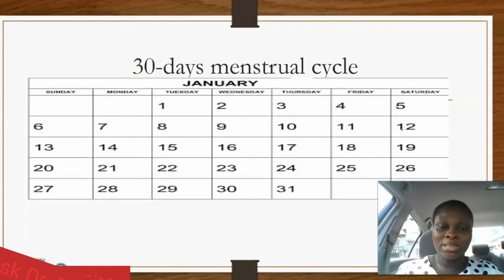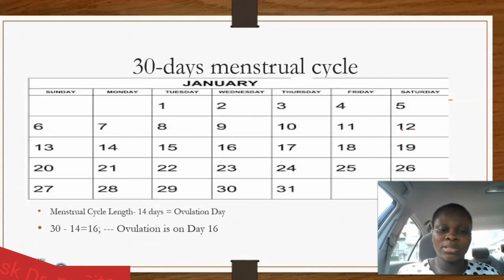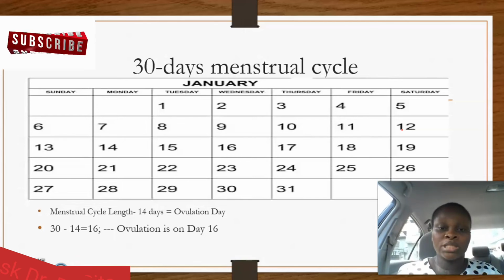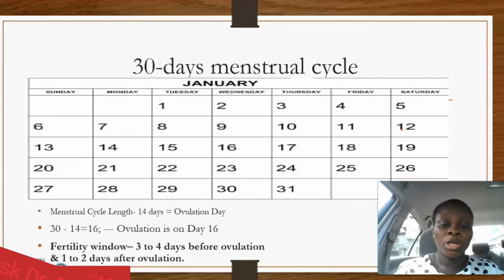Now, let us calculate our fertility window using examples. Remember the initial example we used to arrive at our ovulation day for a 30-day menstrual cycle. We do 30 minus 14 to give us 16. Ovulation is on day 16. So 3 to 4 days before ovulation.